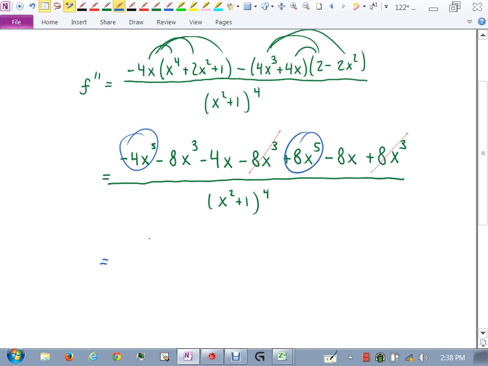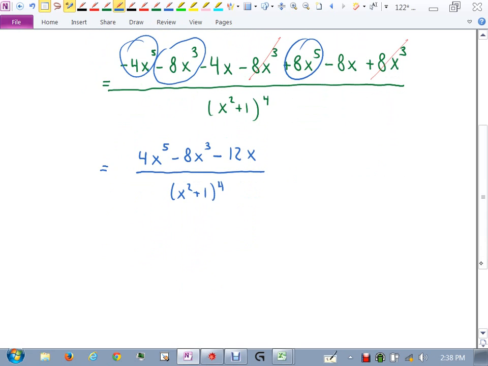Negative 4 and then 8. So I've got 4x to the 5th, minus 8x cubed, and then minus 12x, all over x squared plus 1 to the 4th.